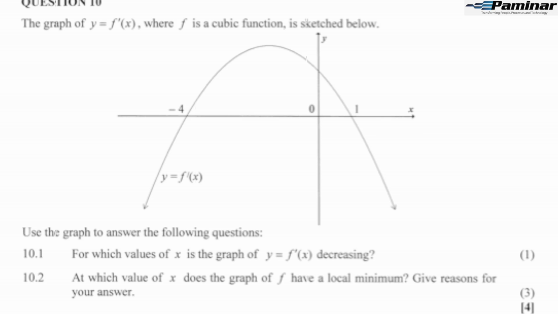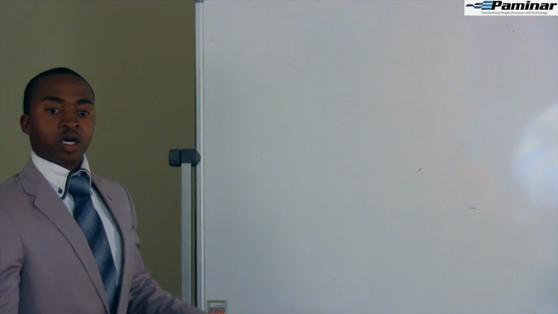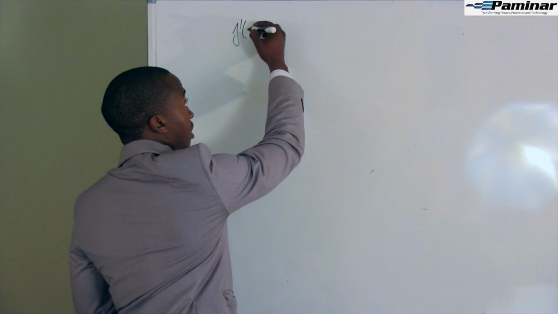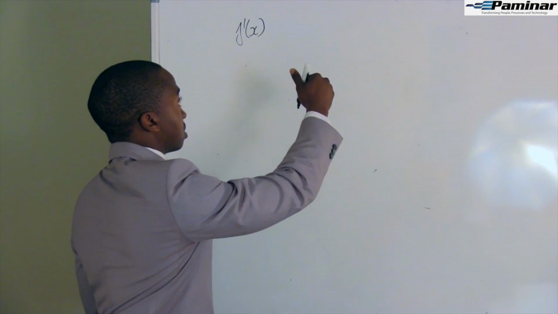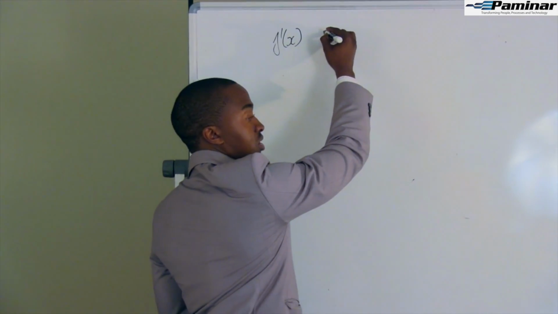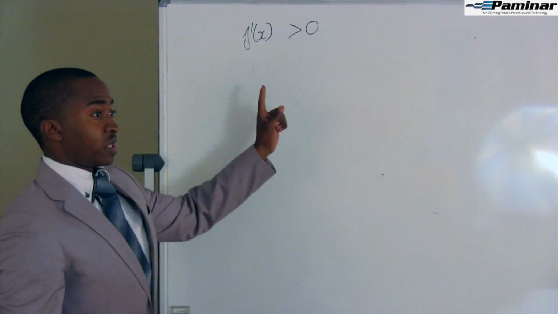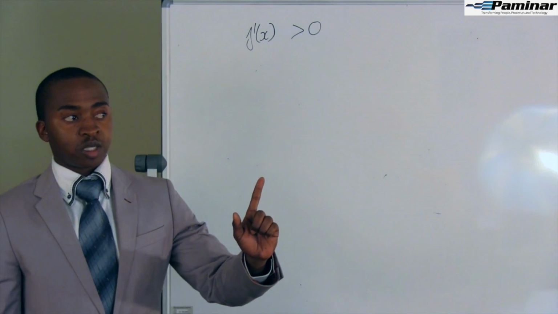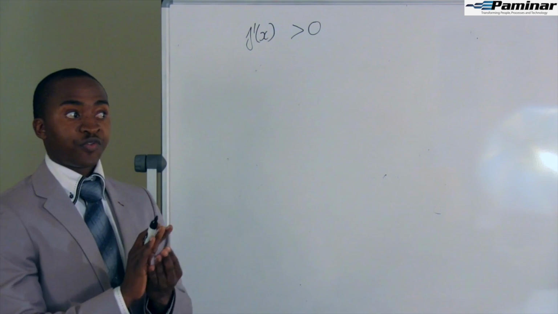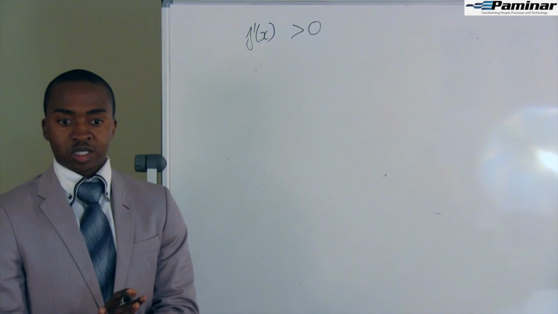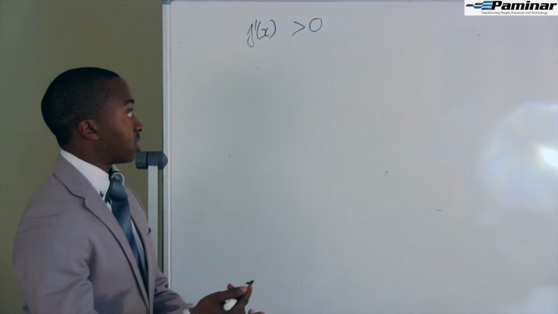Once again for this, you need to know your theory behind calculus. When a graph is decreasing, we solve for f prime x, and based on our theory it should be greater than 0. But we're dealing with a parabola here, so we find out where our midpoint is, and then we solve for that.